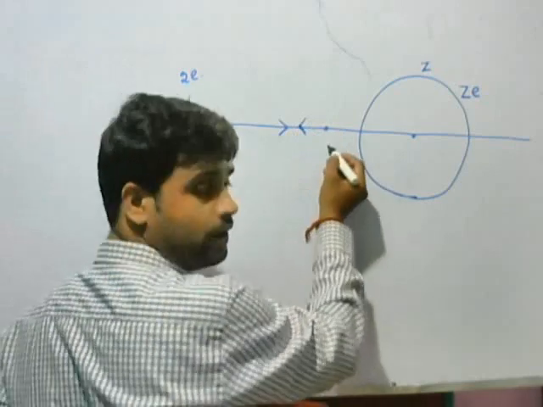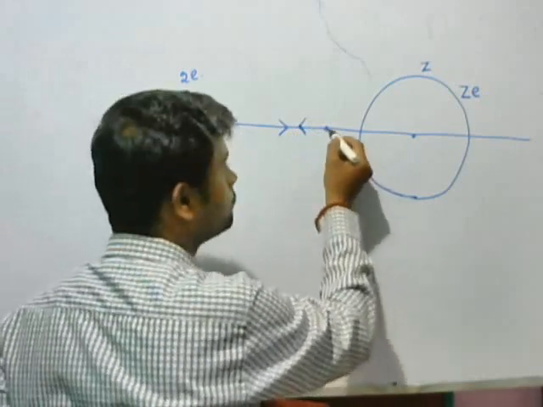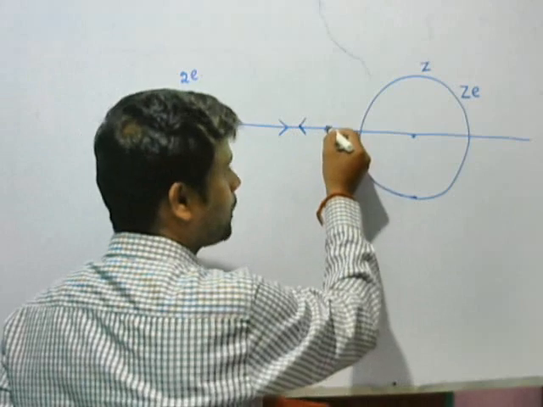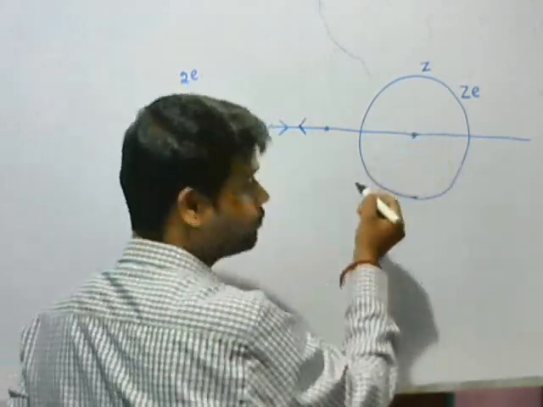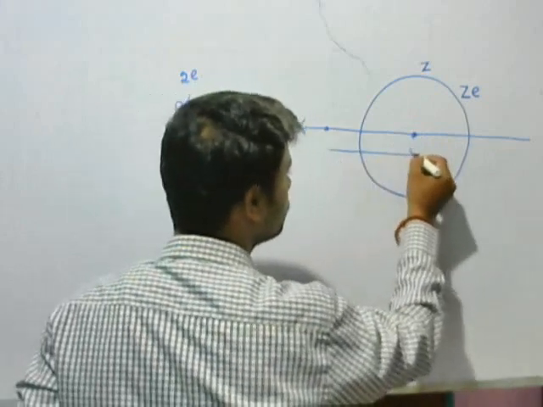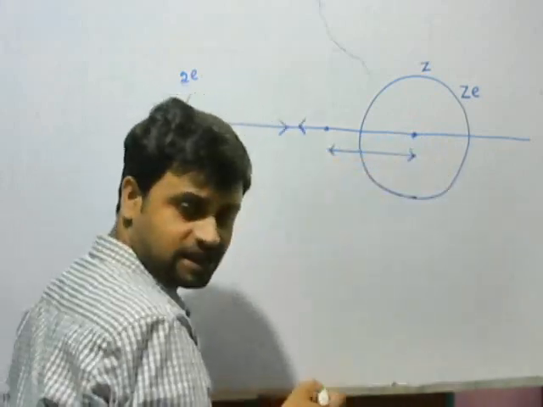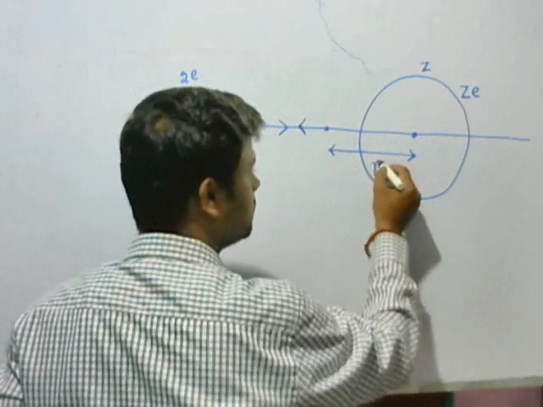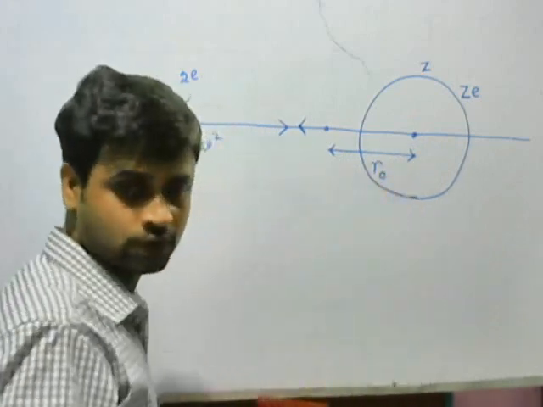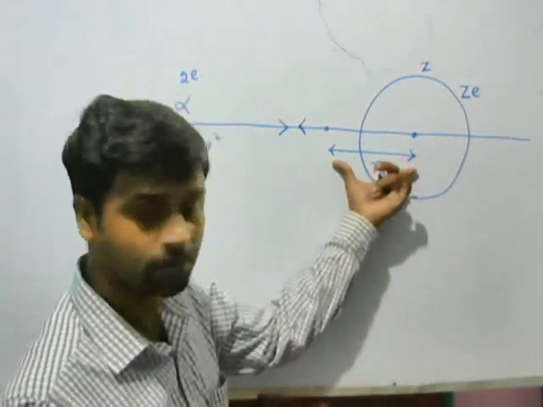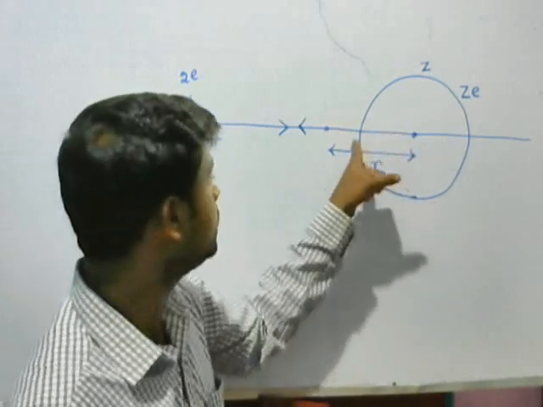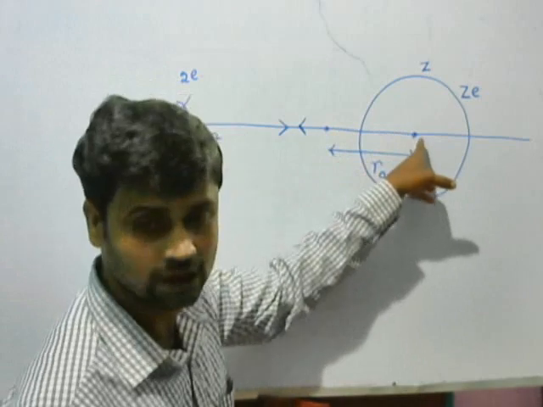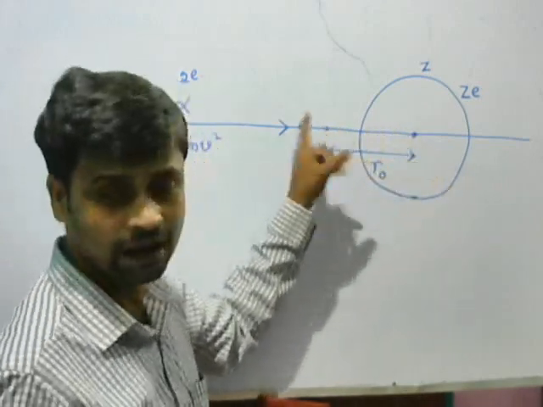The distance between the final point of the alpha particle and the center of the nucleus is said to be the distance of closest approach and is represented by the symbol R0. So, distance of closest approach is the shortest distance between the center of the nucleus and the alpha particle.